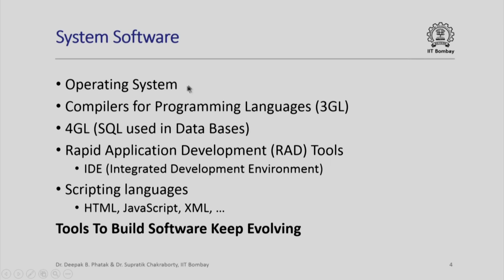Next come under the system software a set of compilers for different programming languages. These programming languages are referred to as third generation languages. The first generation programming was often done using machine language code directly, 011001 etc. Then people developed what is called assembly language and the assemblers or compilers for those assembly languages.